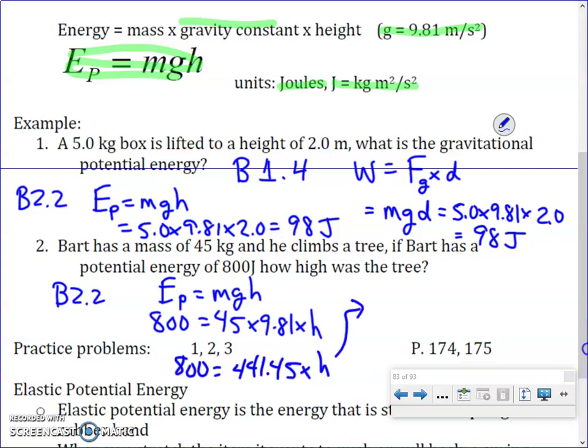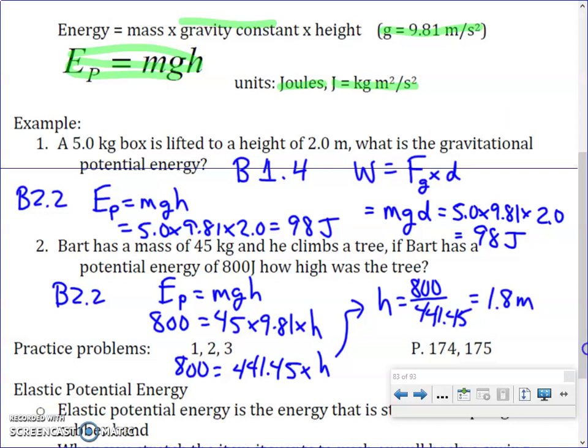So to solve for h, you're going to divide both sides by 441.45. And I get 1.8. Now I'll keep only 2 significant digits. That would be in meters.